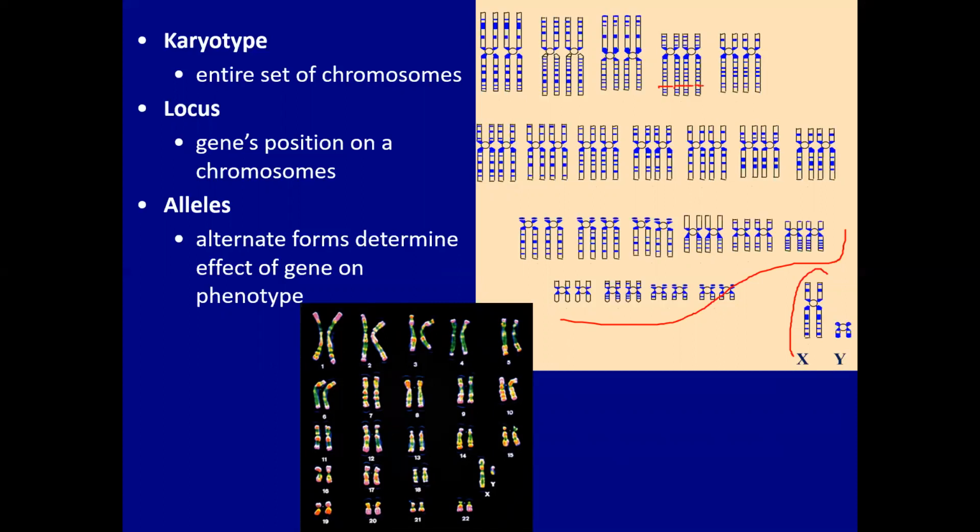So for each gene, you have 4 copies in a somatic cell. Alleles, however, are alternate forms of the gene that determine the effect of the gene on the phenotype.